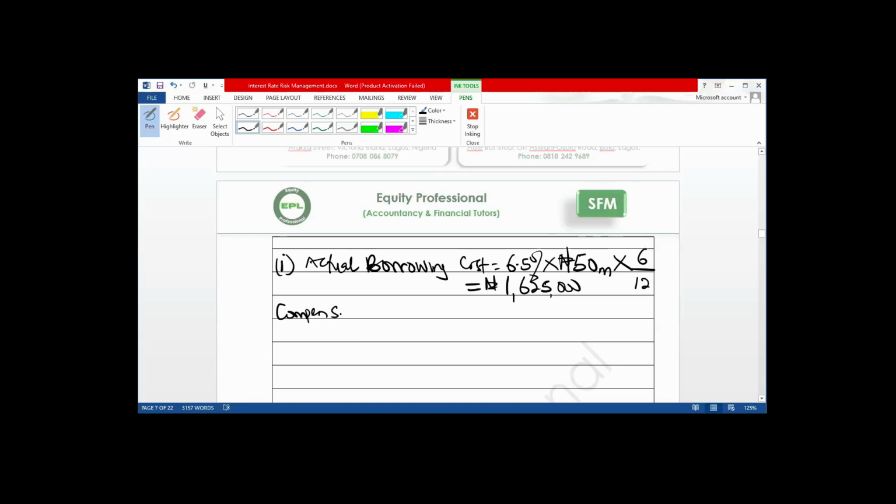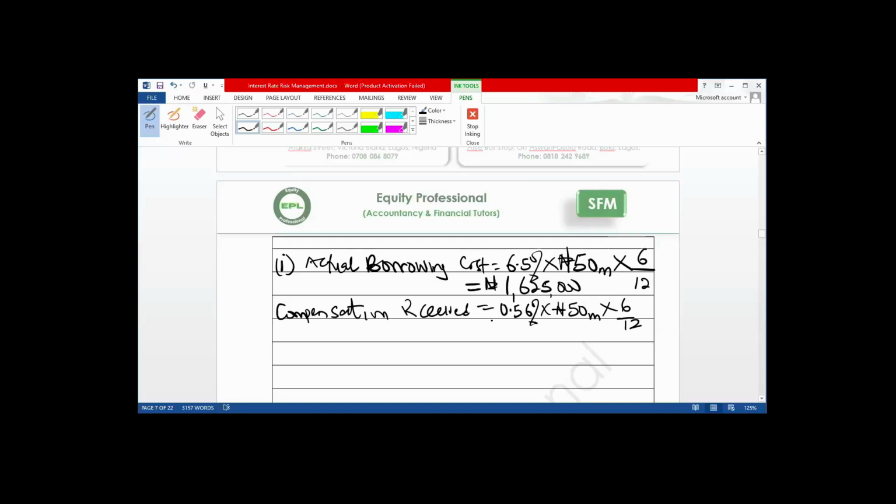We have overpaid by 0.56%. That becomes 0.56% multiplied by 50 million for 6 months. Please work it out.